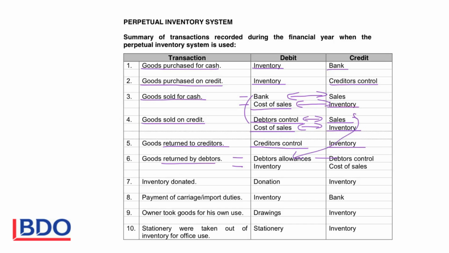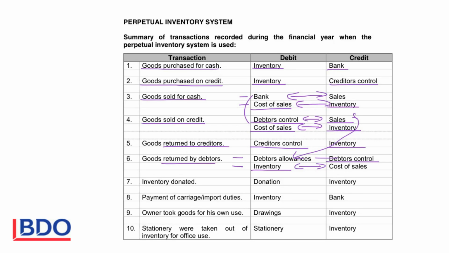And debtors control owe us less money, so debtors control will be credited. Inventory will be debited because we receive the inventory back now from the debtors, so it means we have more inventory available, assets increase on the debit side, and my double entry will be the expense for cost of sales will decrease on the credit side.